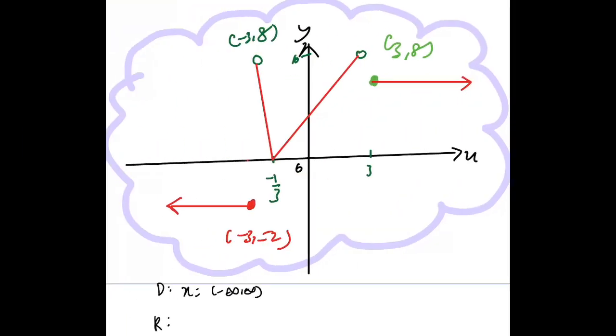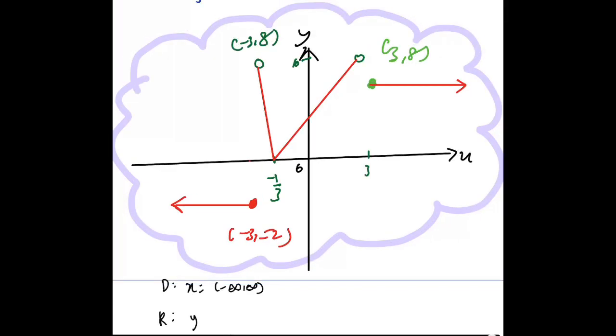Let's see the range. You don't have any other value of the graph here, but this is just one point on the graph, which is minus 2. Your y will start from there, only minus 2 alone, so put it in brackets. Then union, again you don't have any graph, and then we will start here.